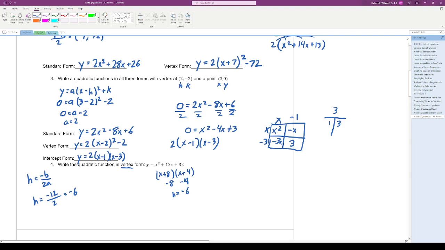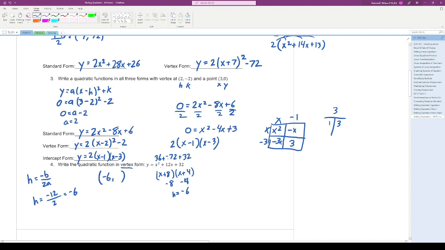And this one works even when this one doesn't factor. So if we have a standard form equation that can't factor, we can still find our vertex by using this little shortcut. So now that we know our vertex is at -6 comma something, we can plug that back into our original equation. -6 squared is 36, plus -6 times 12 is -72, plus 32.